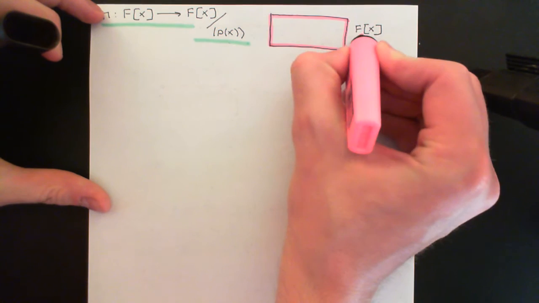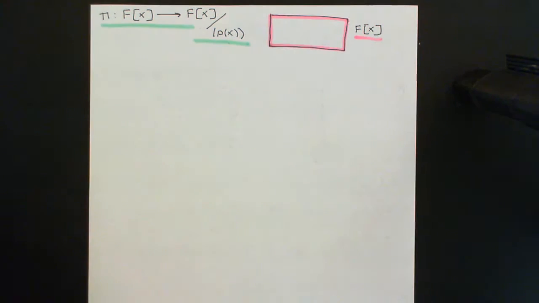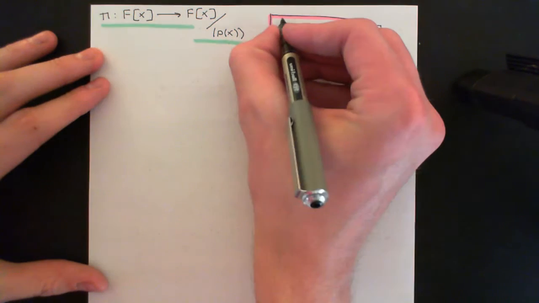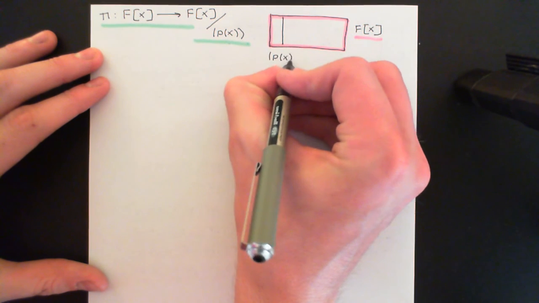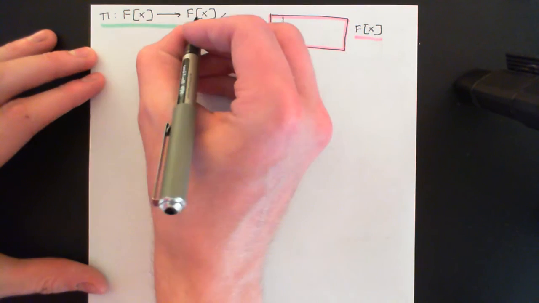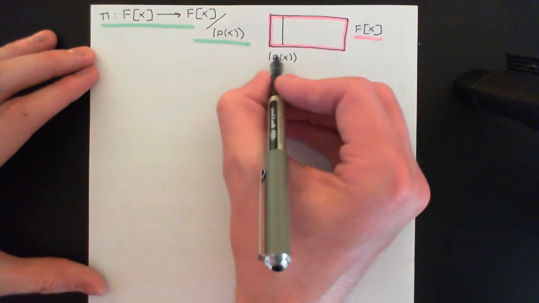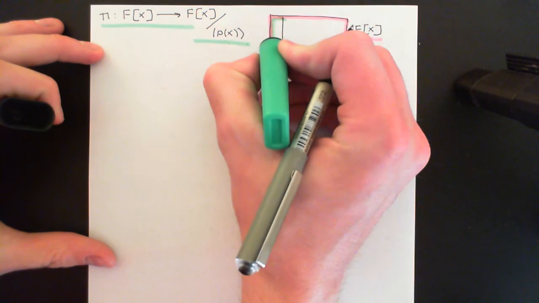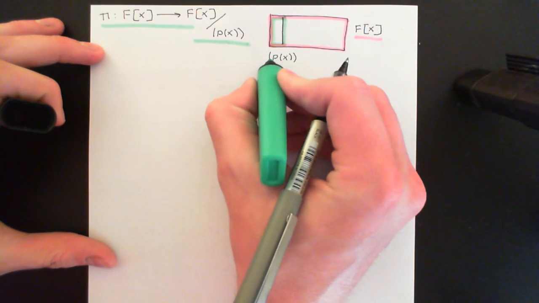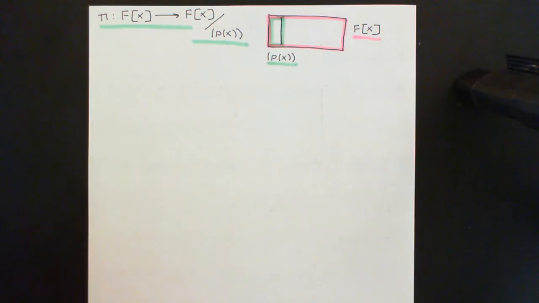So this is F adjoin x, and then of course when I construct this quotient ring of F adjoin x quotiented out by the principal ideal generated by p of x, what I'm going to do is take the principal ideal generated by p of x, which of course will just be all other polynomials in the ring of polynomials over the field multiplied by p of x, the set that contains all of those multiples. Okay, so it's going to be a subset of the ring of polynomials over the field capital F.